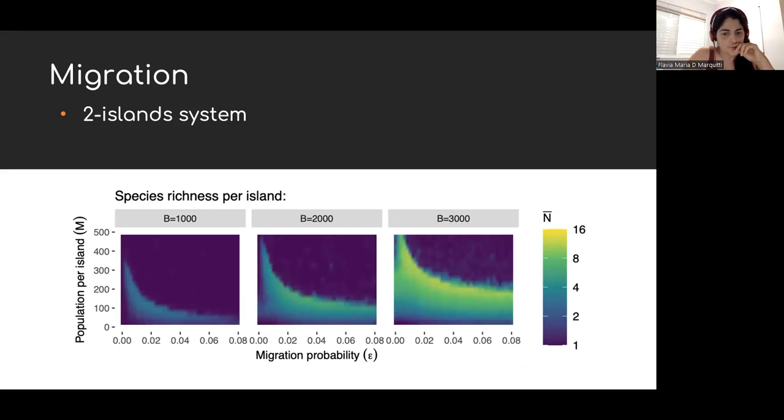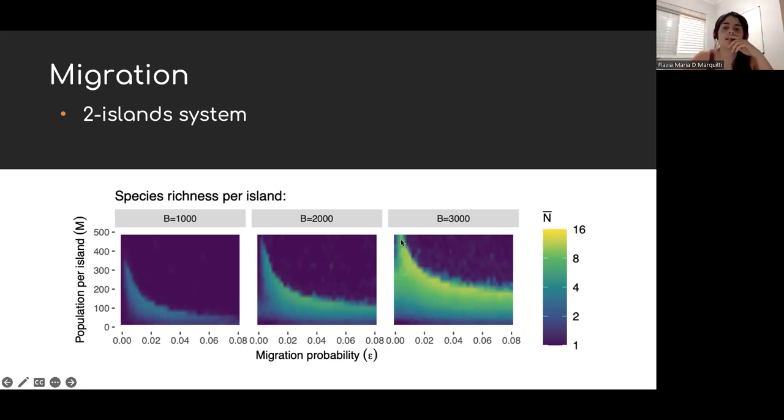And we know there are many parameters in this model, and I think we understand them very well. We know that the number of individuals in each island matters for the number of species that are formed, and also the genome size matters. Something that we saw is that the average number of species increases as we increase the genome size.